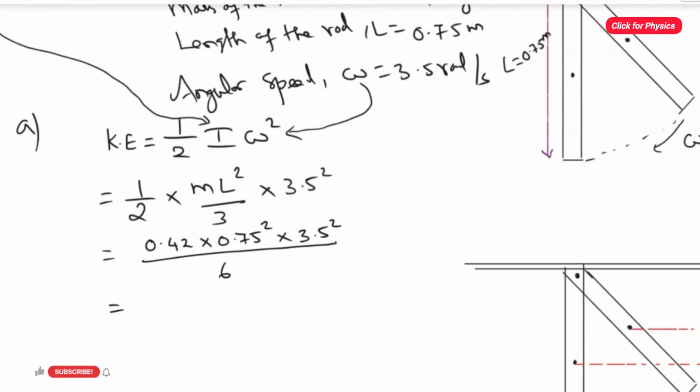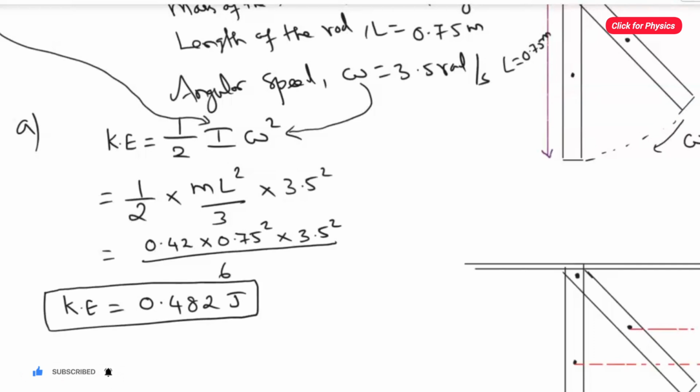Let's see what is the answer. 0.42 multiply 0.75 square multiply 3.5 square divide by 6. I got the answer here as 0.482, and the unit here is joules because we are finding the kinetic energy, right? So this is the answer for the first part.